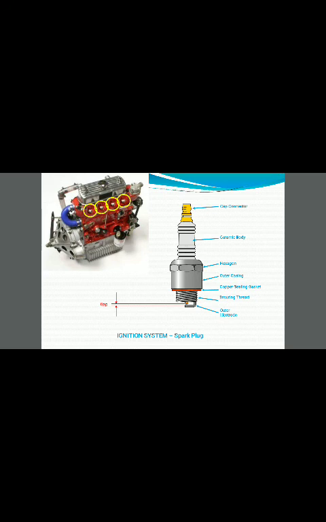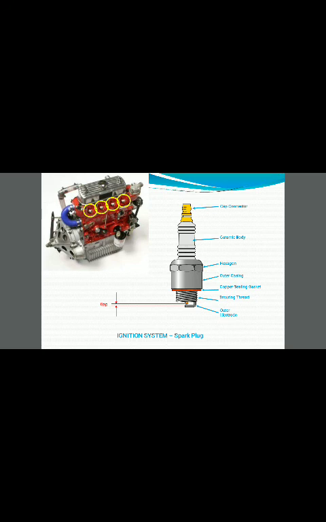After the gap, the outer electrode is used. Above that, the part is called the screw threading. The thread is used here to mount the spark plug in the engine cylinder. Above that, a copper sealing gasket is used to provide better sealing.